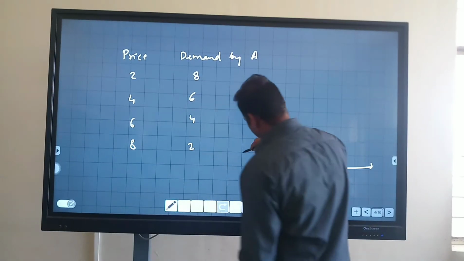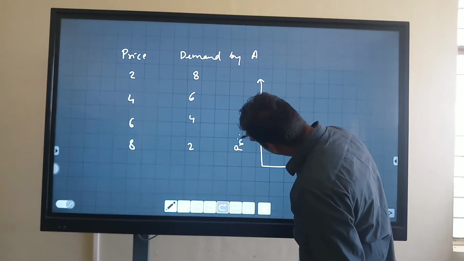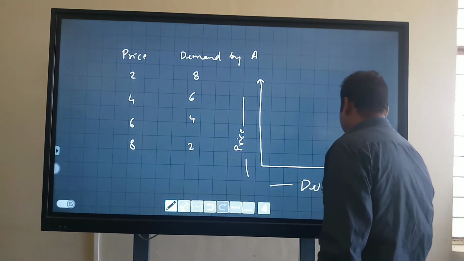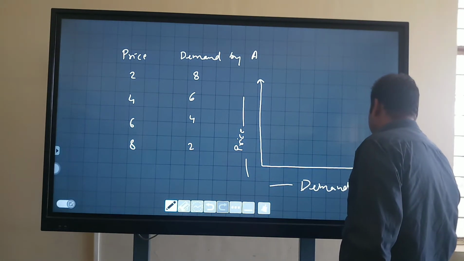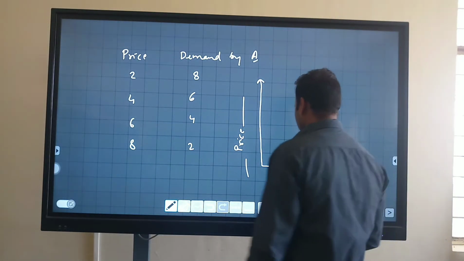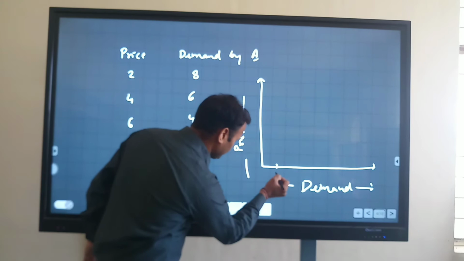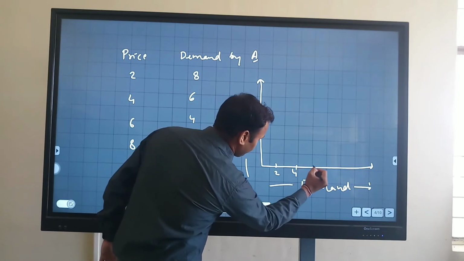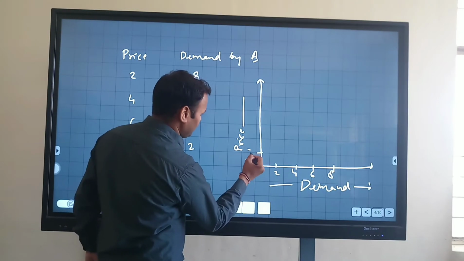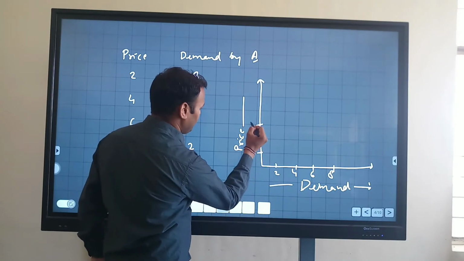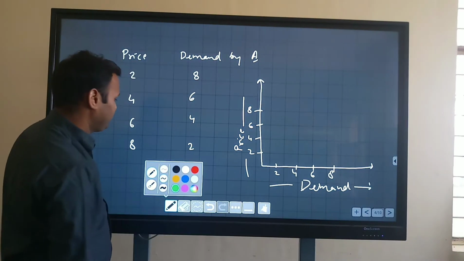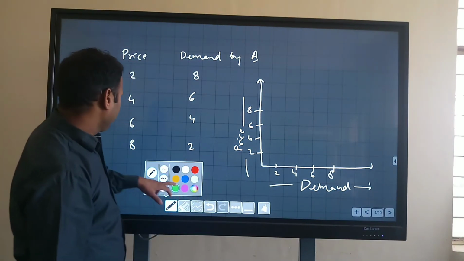Here you take the price, and here you take the quantity demanded by a single consumer. We take 2, 4, 6, 8 here, and 2, 4, 6 and 8 here.